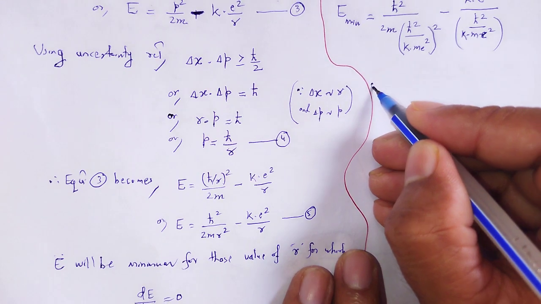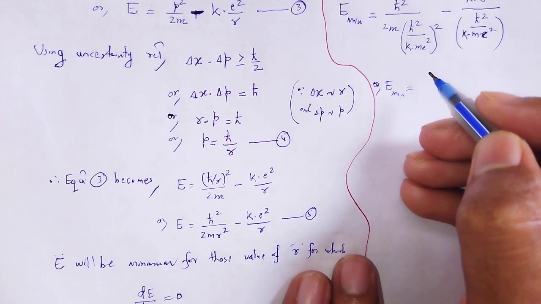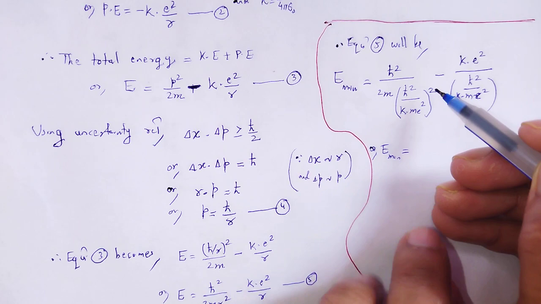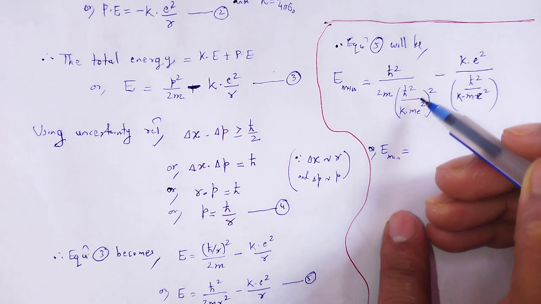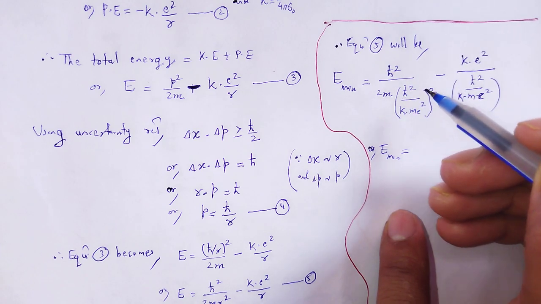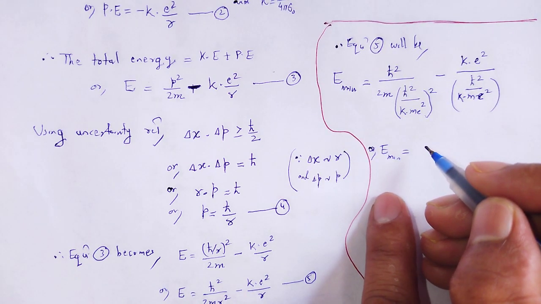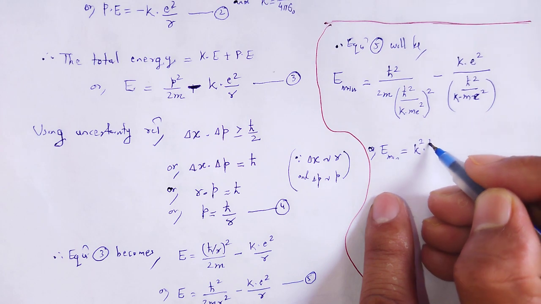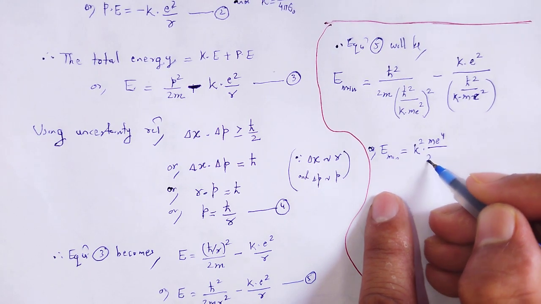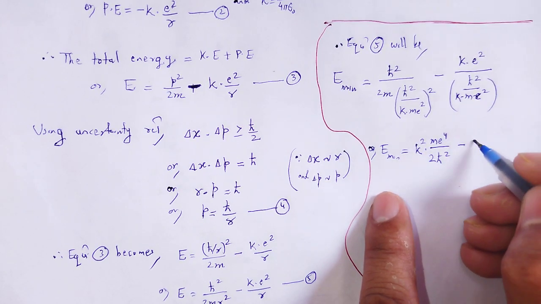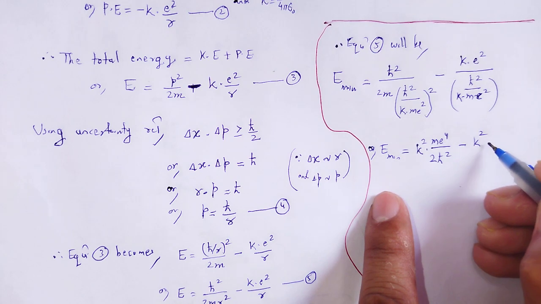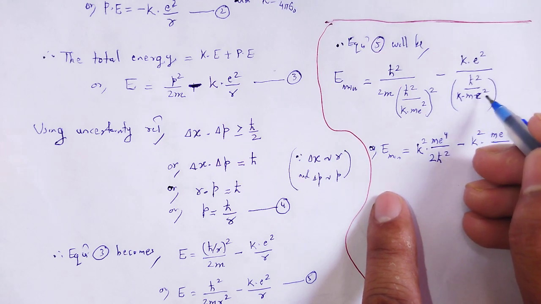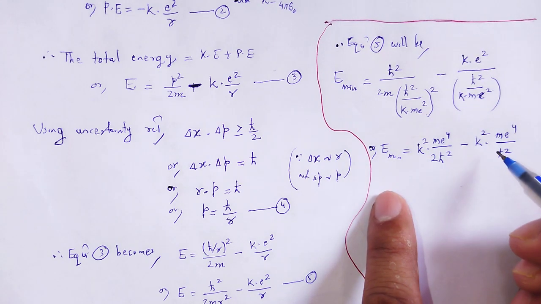Now simplifying it, we have E minimum is equal to k square m e to the power 4 divided by 2 h cut square minus again k square m e to the power 4 divided by h cut square, since e square times e square is e to the power 4, k square.